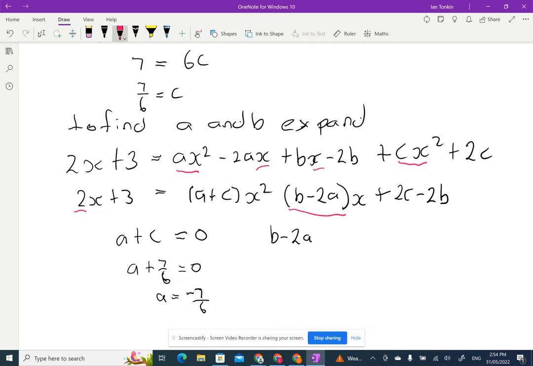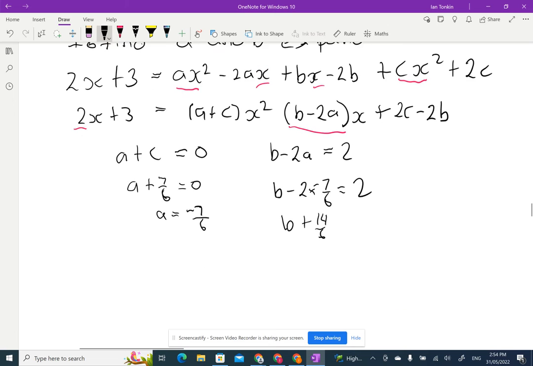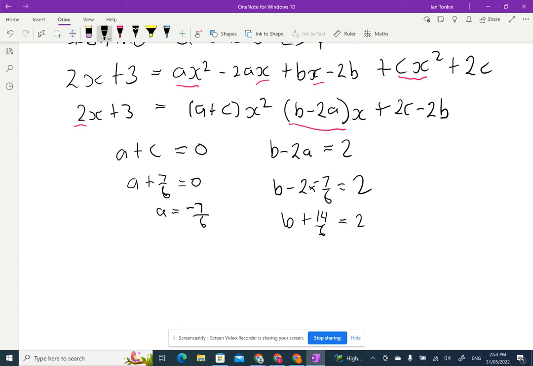Those two are equal. So that gives us b minus 2a equals 2. Now we've got a, so it's going to be b minus 2 times negative 7 on 6 equals 2. That's b plus 14 on 6 equals 2. B equals 2 minus 14 on 6. B equals negative a third.